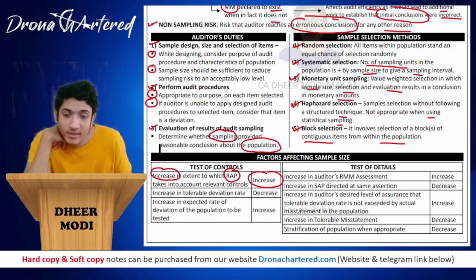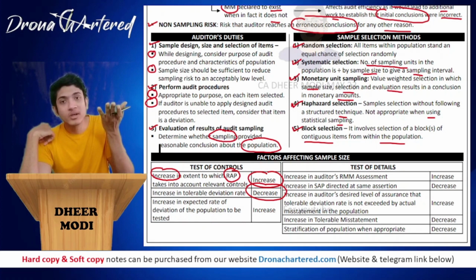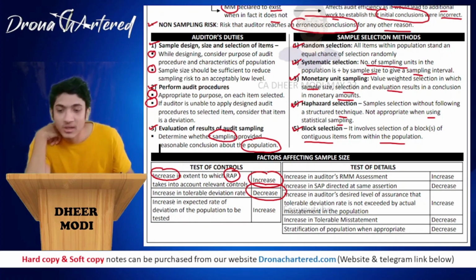If there is an increase in tolerable rate of deviation, also called TODR, your sample size will decrease, because you are okay with there being more deviation.